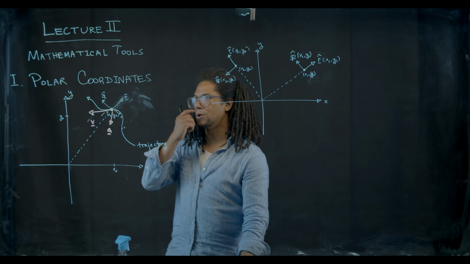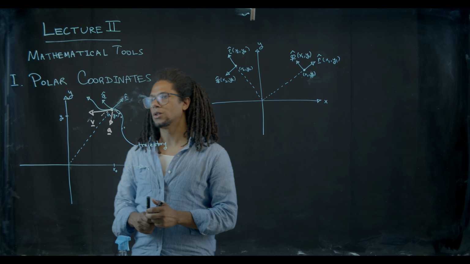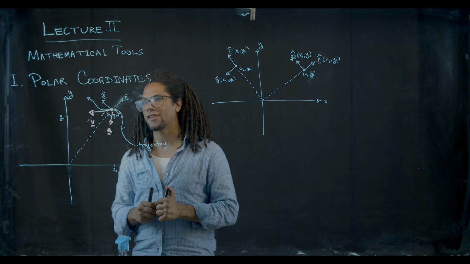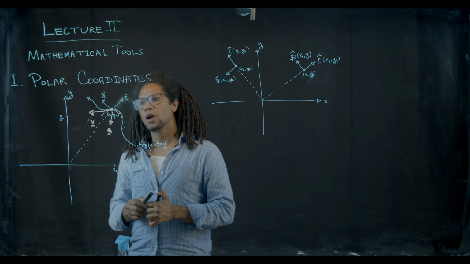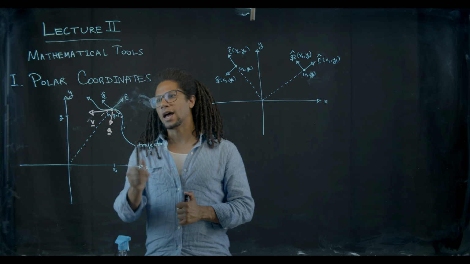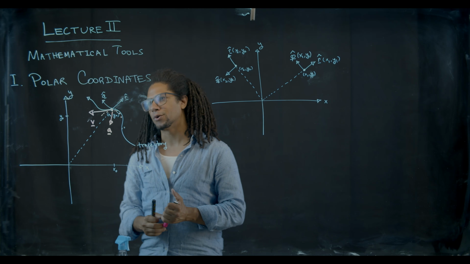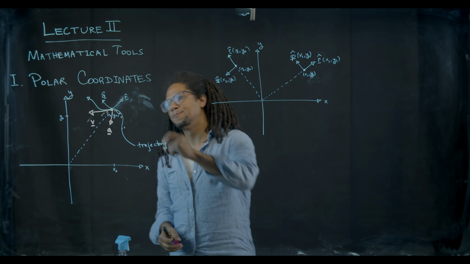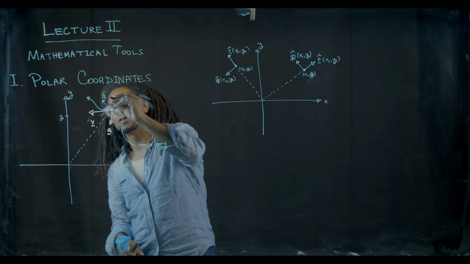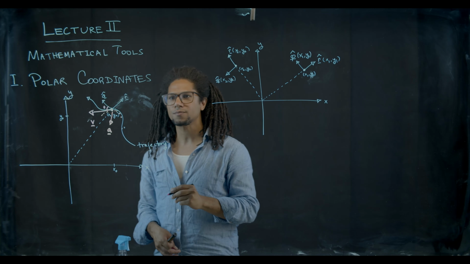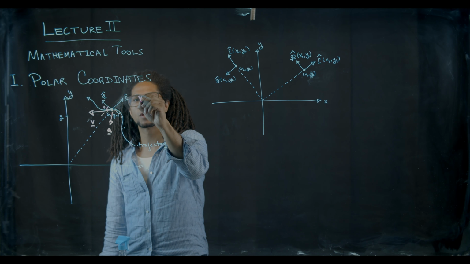Now, in this example, how could I write the v vector in terms of these components? Well, it looks like it has a positive phi hat component and a negative r hat component. The way that I would do that is I would figure out what this angle is. Let's suppose for a second that this angle is called theta. And now I can say the following.